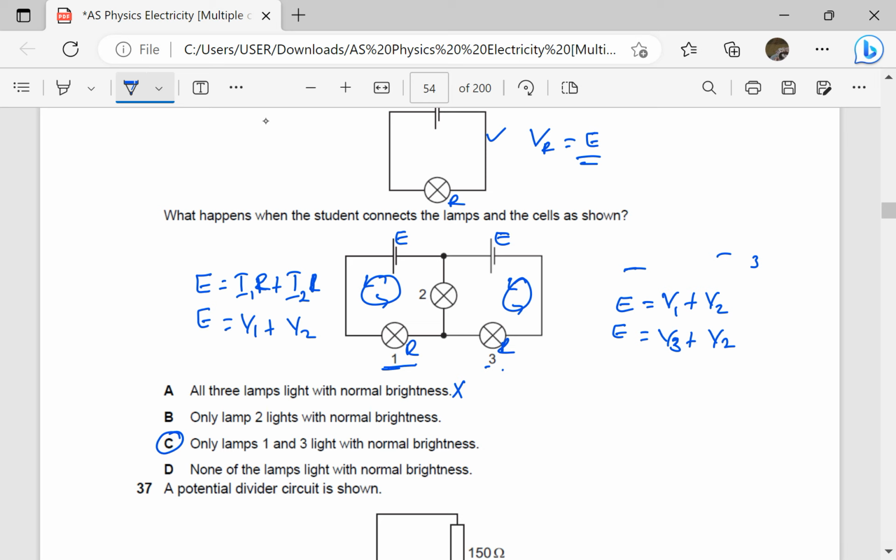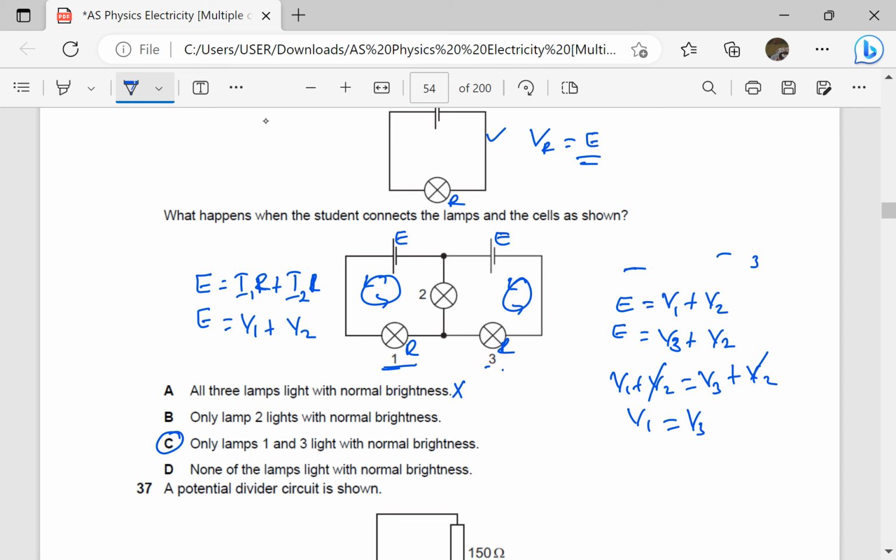If you combine these two, V1 plus V2 is equal to V3 plus V2, which means that V1 is equal to V3. So the PD across 1 is the same as the PD across 3.